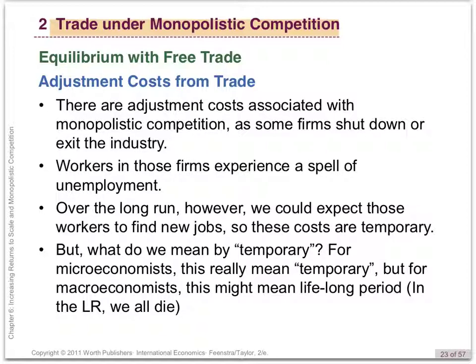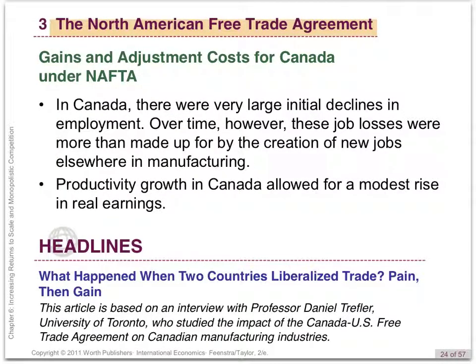If you have trade, then some people will have unemployment, but there's the so-called trade adjustment cost, and that can be temporary. NAFTA is a good example of explaining this kind of trade between the U.S. and Canada, which look similar in terms of competitive advantage, but they still have gains from trading with each other.